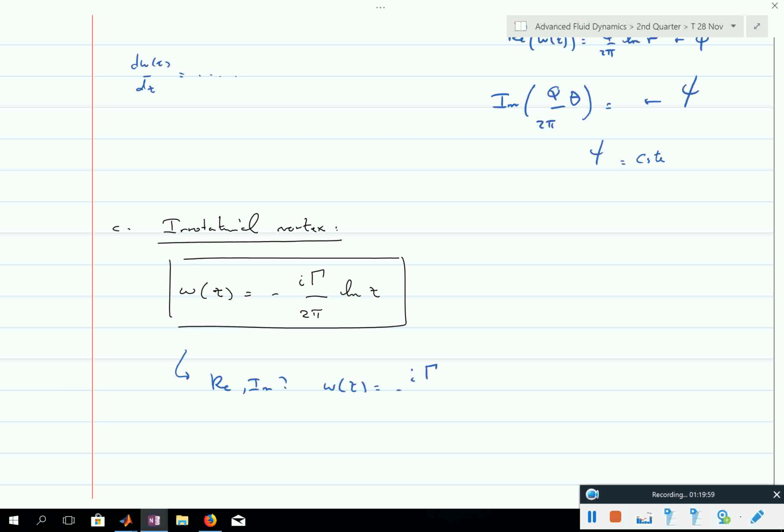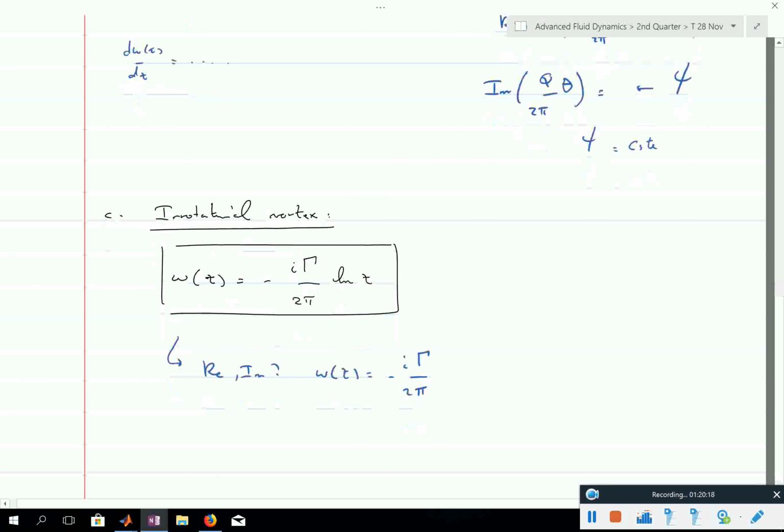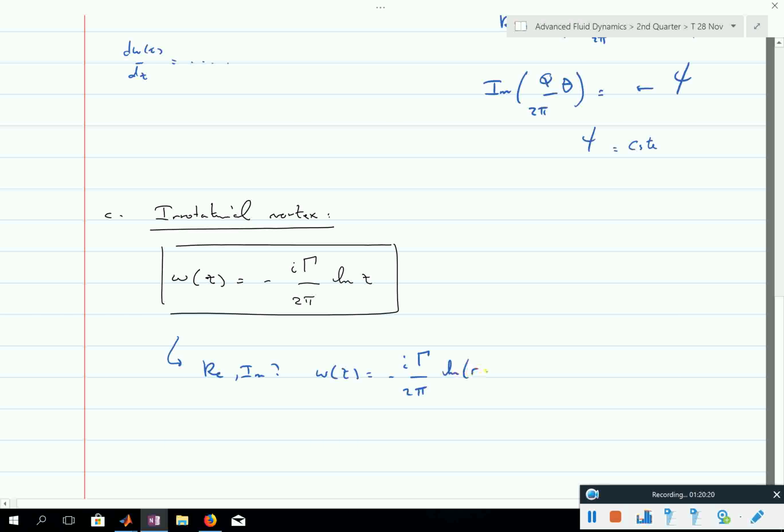So I'm consistent with the notation that we had before we did the example on the cylinder, where gamma was positive in the other direction. That's the only part where we make the link with aerodynamics, so this is the only part where I put a minus sign. And here we're back to the same notation as before. So minus i gamma divided by 2 pi log of r exponential i theta. All right, so here again we're going to have minus i gamma divided by 2 pi log of r plus i theta.